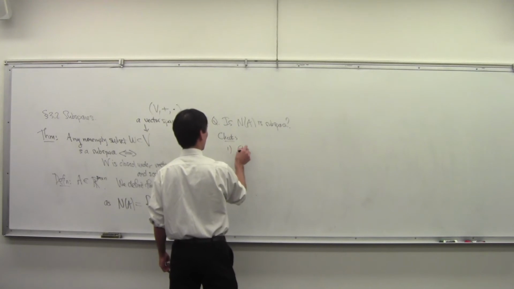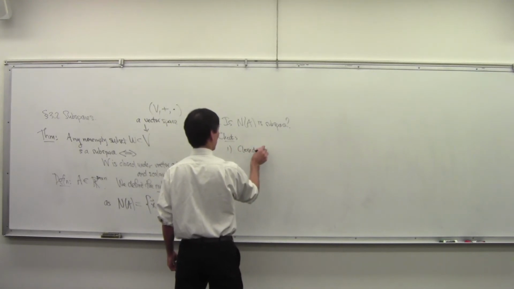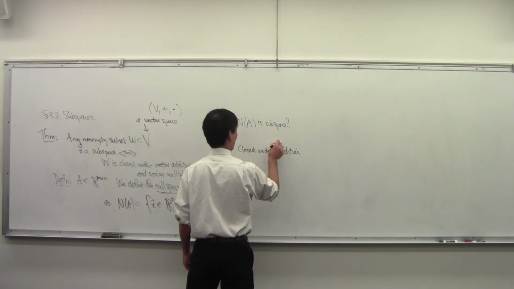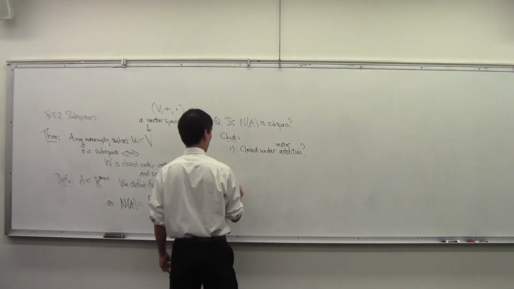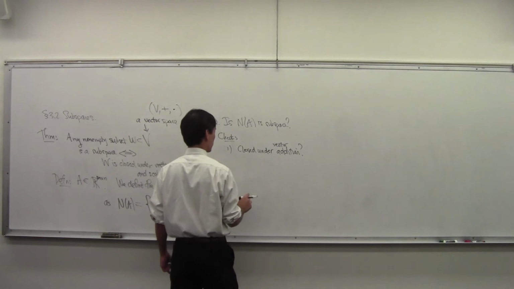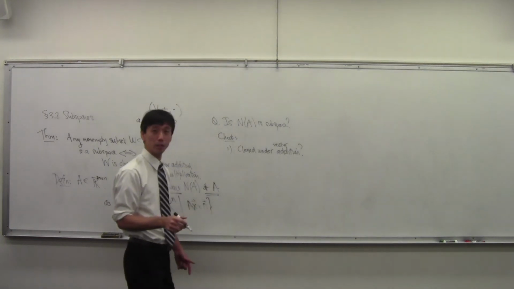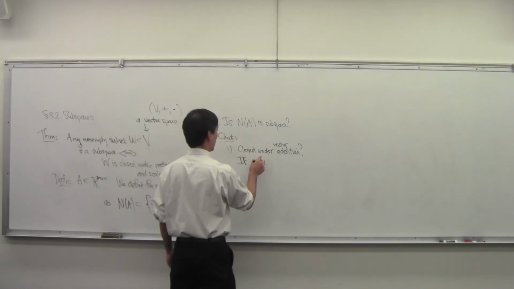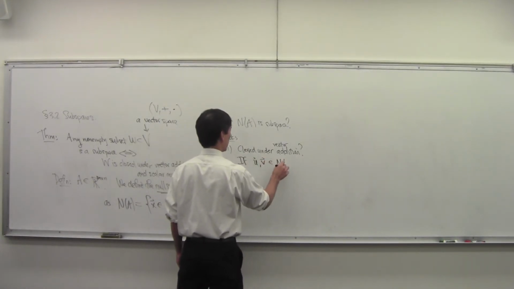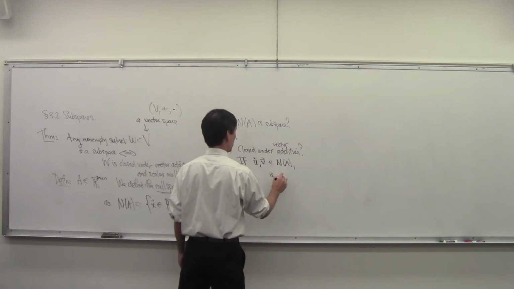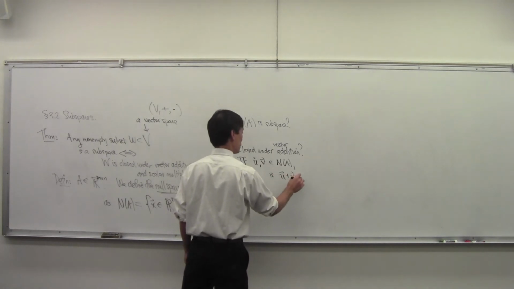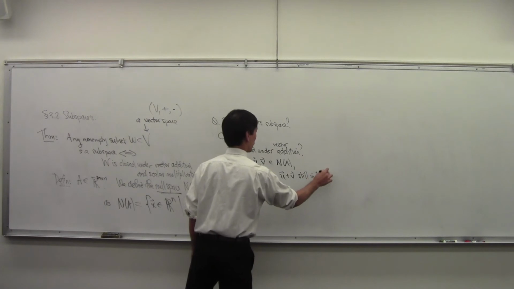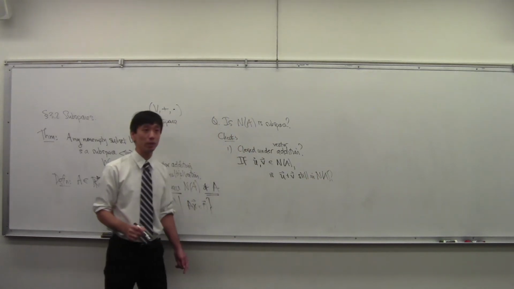One, closed under addition. In other words, if U and V are in the null space, is U plus V still in the null space?